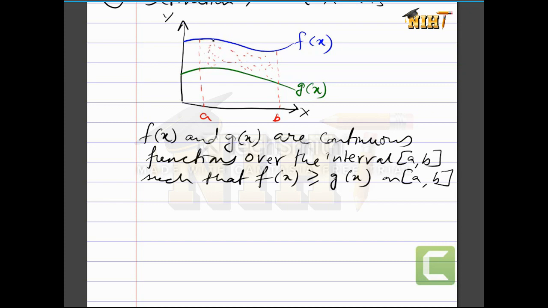Let me draw one of those thin strips. Now, the way we have drawn this strip, we need to add another additional piece of information.